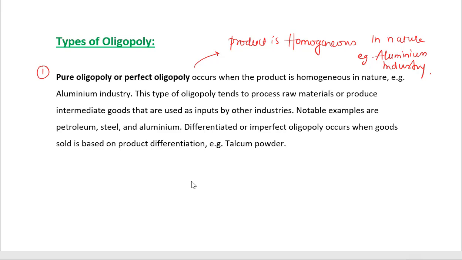This type of oligopoly tends to produce raw materials or intermediate goods that are used as inputs by other industries. Notable examples are petroleum, steel, aluminium. Differentiated or imperfect oligopoly occurs when the goods sold are based on product differentiation, for example talcum powder.